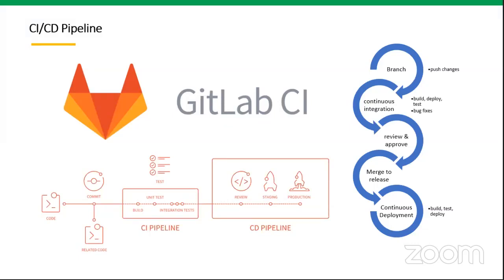The merging usually takes place several times a day in a shared repository. Now, what is CD? Continuous delivery adds that the software can be released by automatically pushing changes to a staging system. Continuous deployment goes further and pushes changes to production automatically.